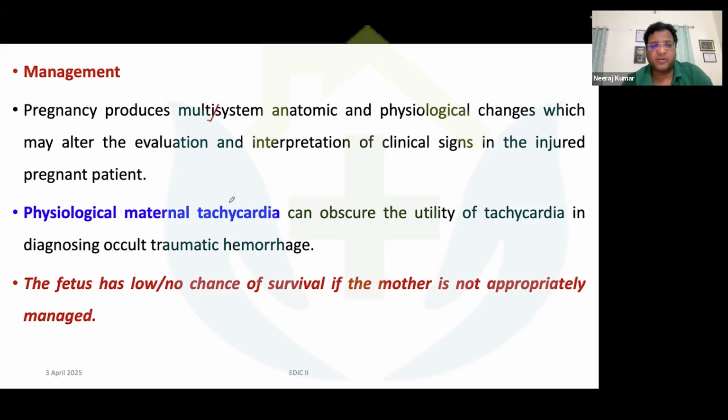The physiological maternal tachycardia can obscure things, because the utility of tachycardia in diagnosing occult traumatic hemorrhage is very, very difficult many of the times. And the fetus has always a low or no chance of survival if the mother is not appropriately managed. So you are going to lose the baby for sure if you do not do the proper management of this traumatic pregnant mother, or trauma with pregnancy.